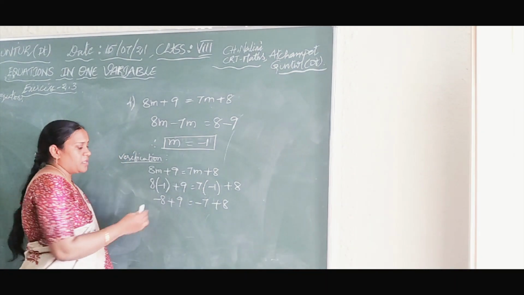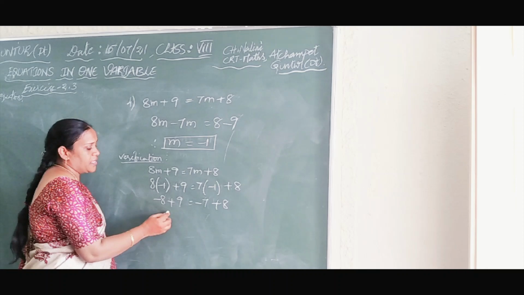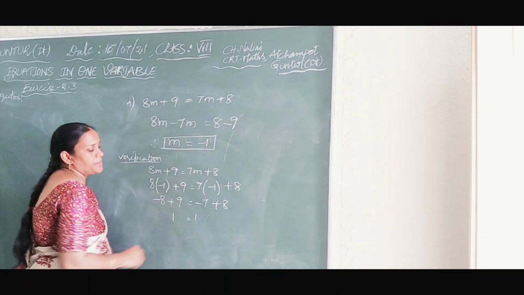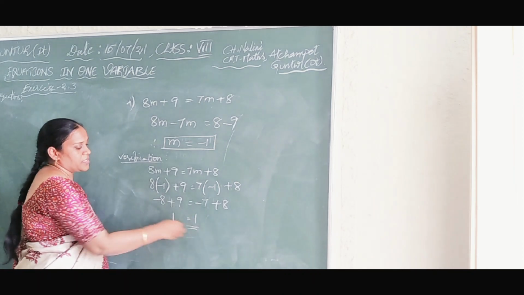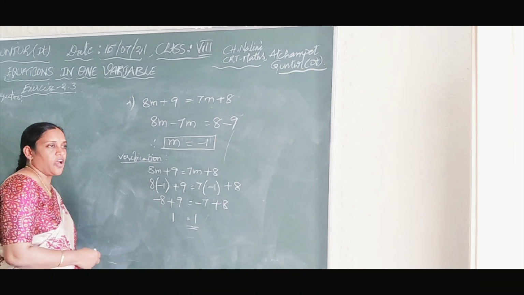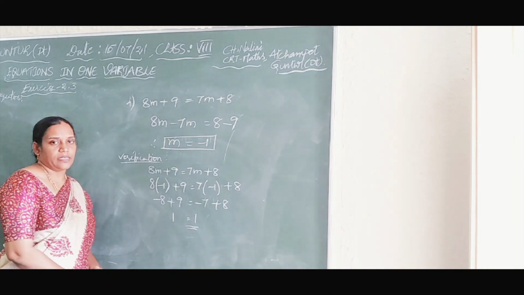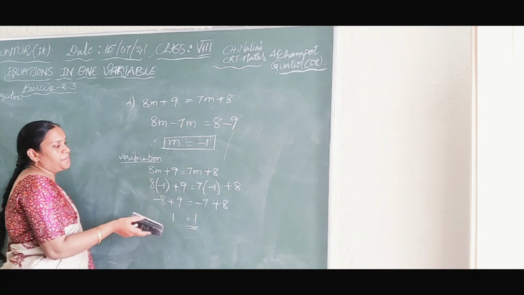Now 9 minus 8 is 1, and on this side we also get 1. So the LHS and RHS are the same, and the value m equal to minus 1 is correct. Understood, all of you?